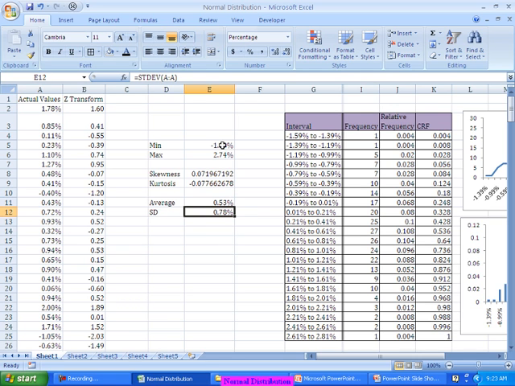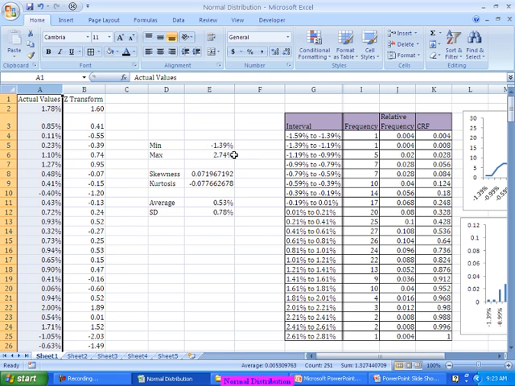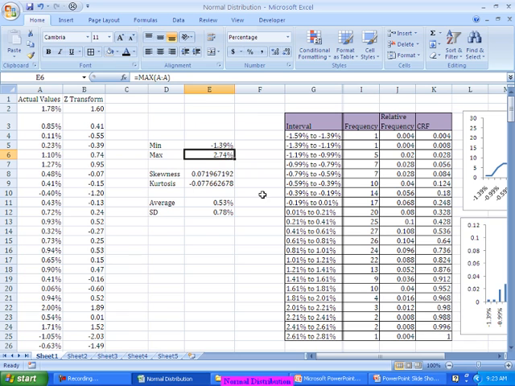And a couple more things about this data. The minimum value inside this list is minus 1.39%, which means the trader has lost 1.39% in a day. And the maximum value is 2.74%, which means he must have gained 2.74% on a particular day.